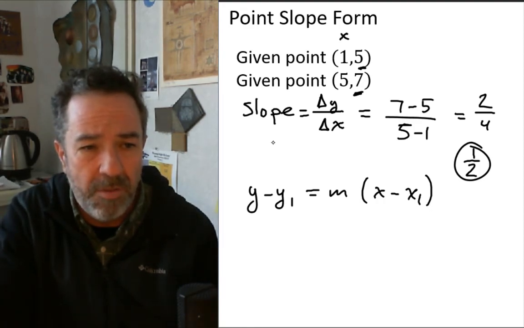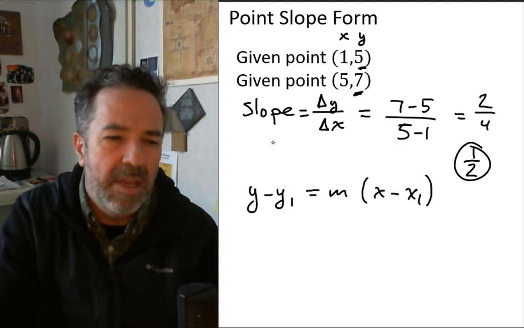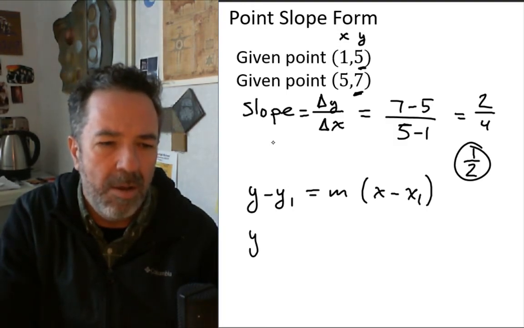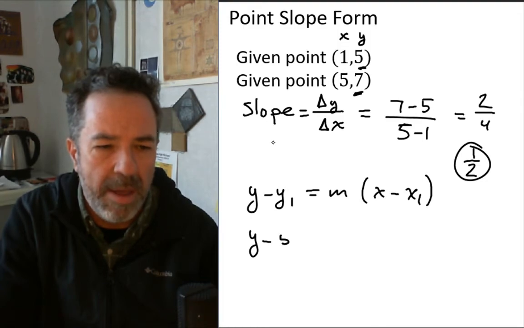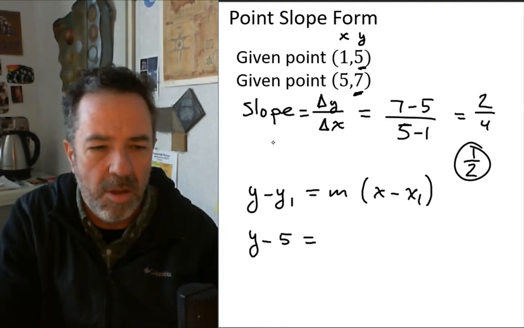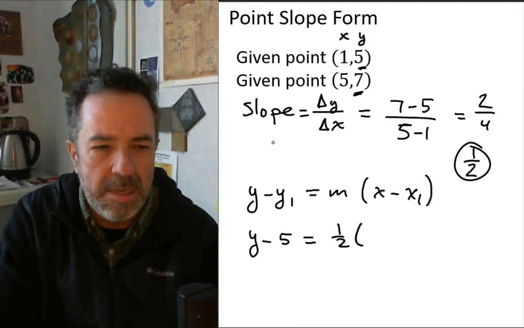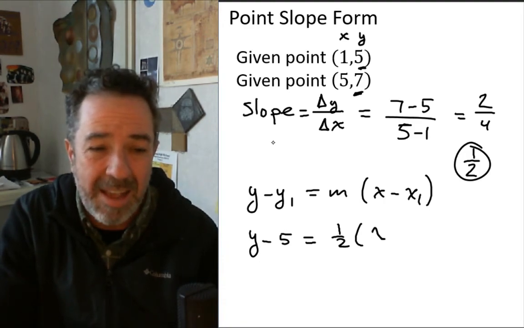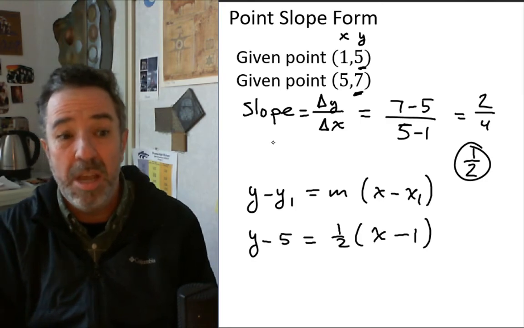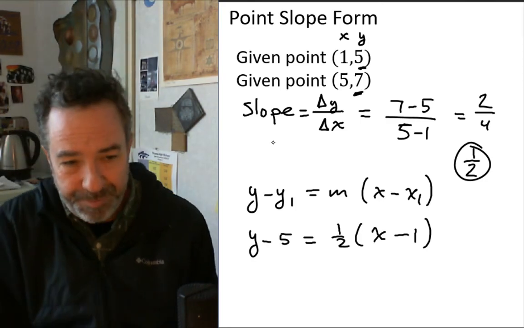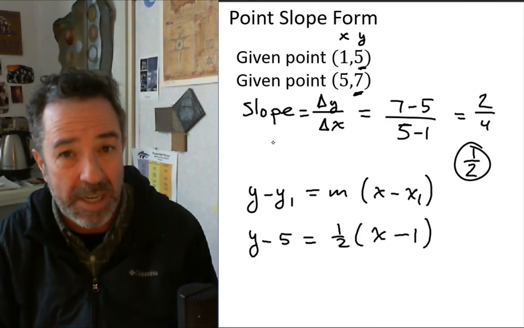I'm going to go ahead and use the first one. It's got both an x and a y. So now I can say y minus the y that I know, which is going to be 5. So y minus 5 equals my slope, which is 1/2, times the quantity x minus the x value that I know. There you go.